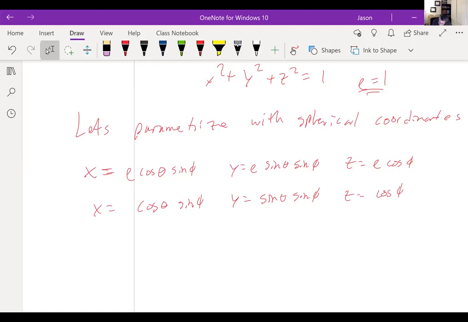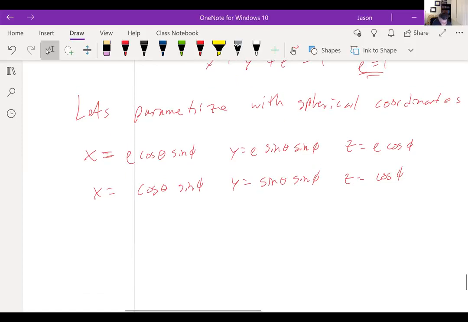So what would r of theta look like? r of theta would be equal to dx d theta i, dy d theta j, dz d theta k.